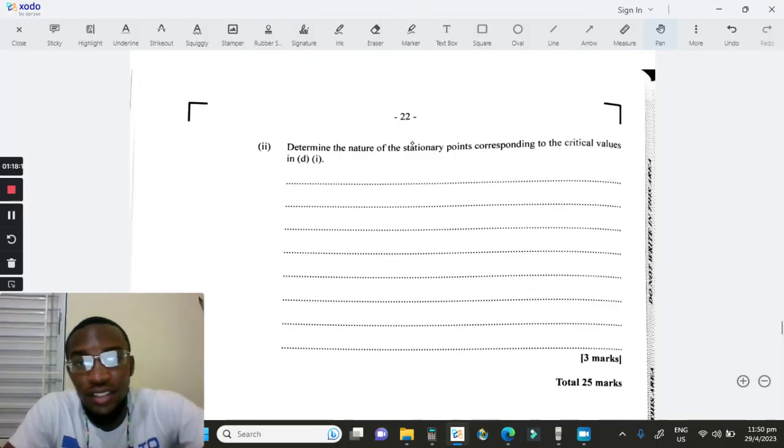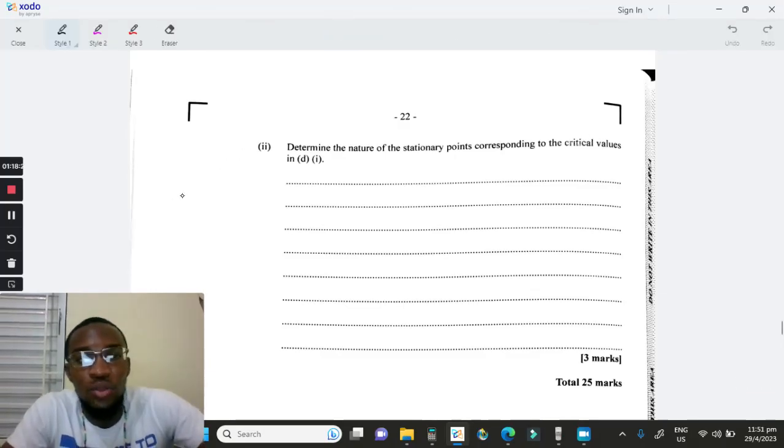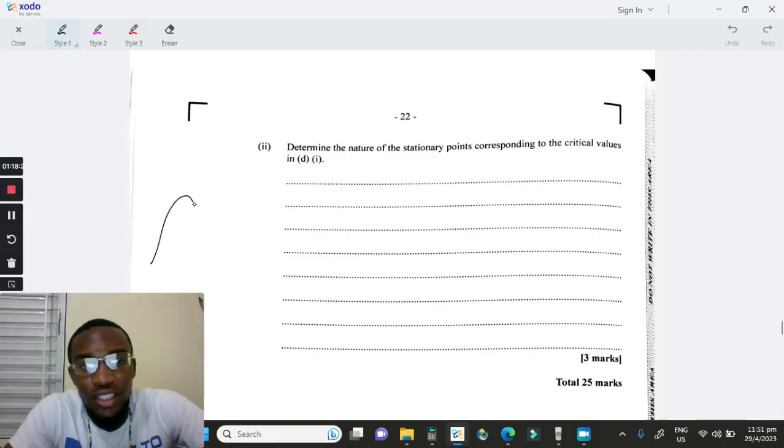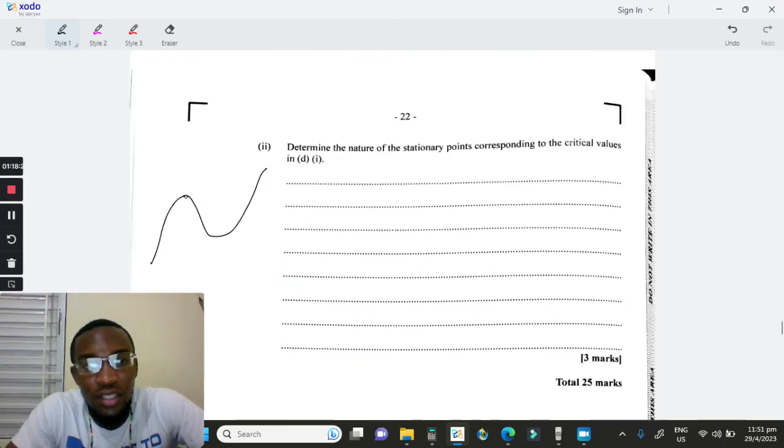Now here it says determine the nature of the stationary points corresponding to the critical values. There are 2 ways to determine the nature. You can draw the sketch. Drawing the sketch, the lower x value is the maximum point. So the point (2, 4) is going to be your maximum, and then your (3, 3) is your minimum.